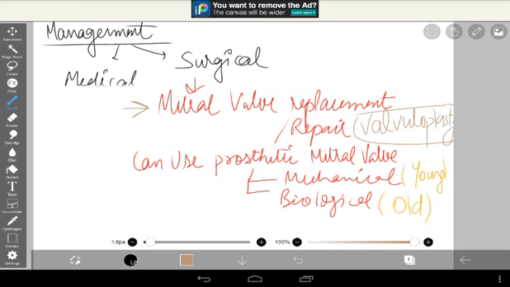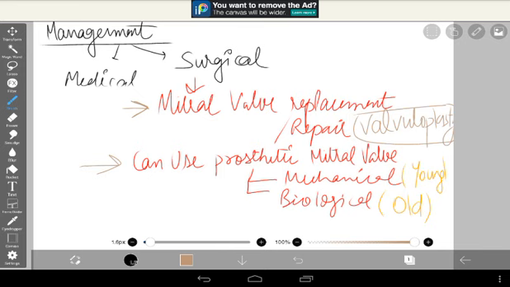Next is the use of a prosthetic mitral valve. These are of 2 types, either mechanical or biological, and both of them are used, but the difference is that mechanical ones are used in the young and biological ones are used in the old.